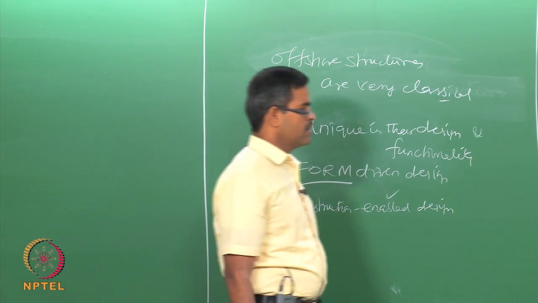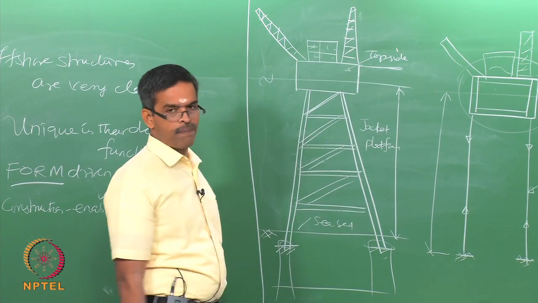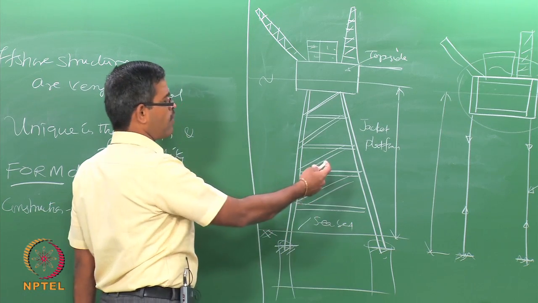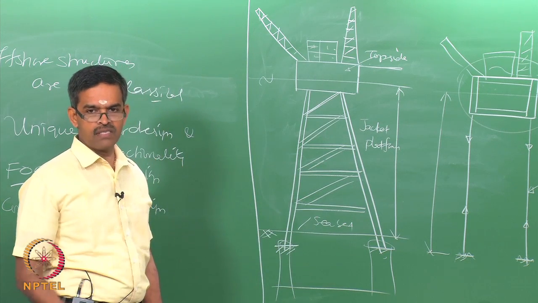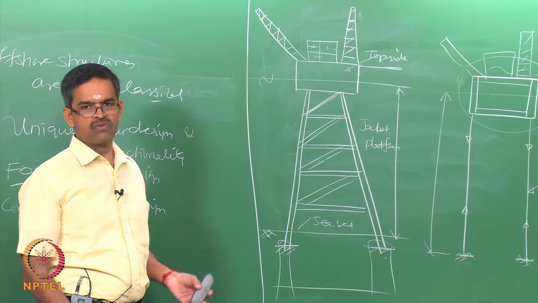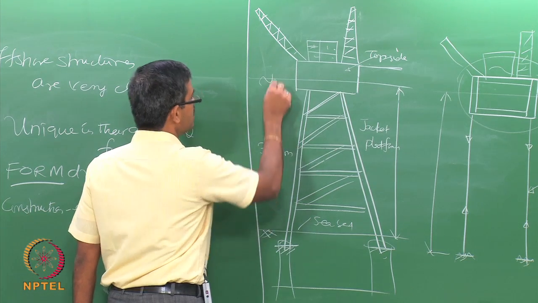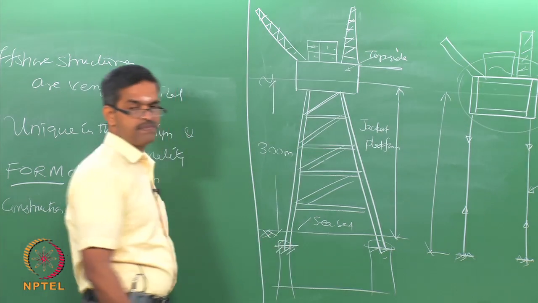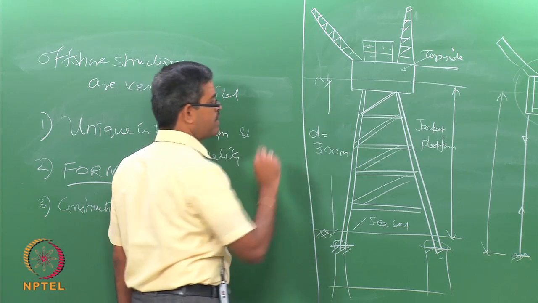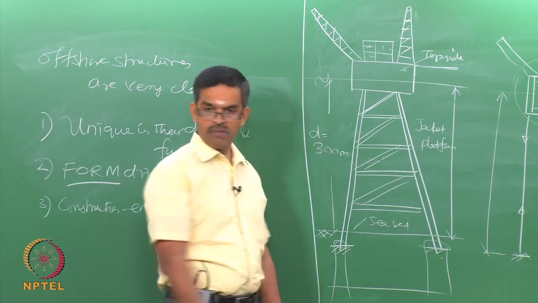For example, let us talk about the same case of a jacket platform or a tension leg platform. Let us say jacket platforms have been identified in the literature to be useful up to a maximum water depth of about 300 meters. So, if I am going to go for a water depth of about 300 meters, which is indicated as small d in the literature, because capital D will indicate the diameter of the members.